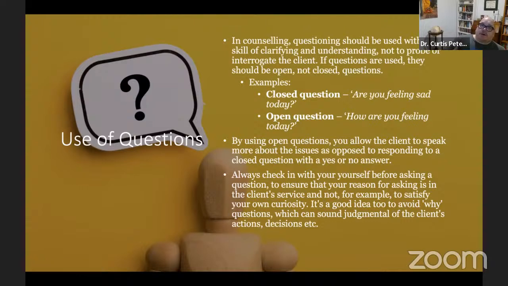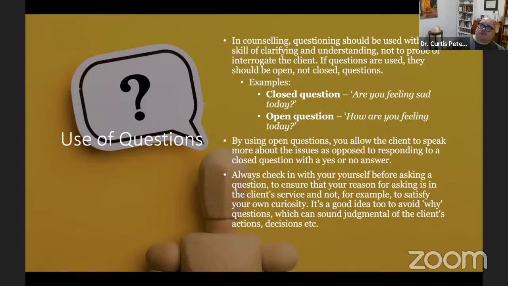Then the second part is asking yourself, how can I ask this question so it's not just a yes or no? Okay. And so think about that, and we'll have some examples when we go into the relapse prevention example and the trauma group example, because it's difficult to give good examples right at this moment.